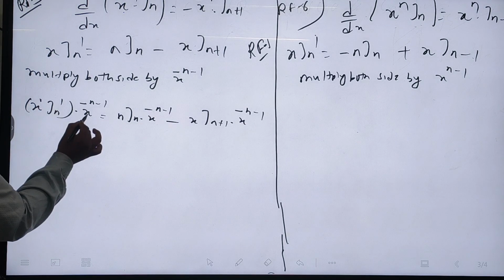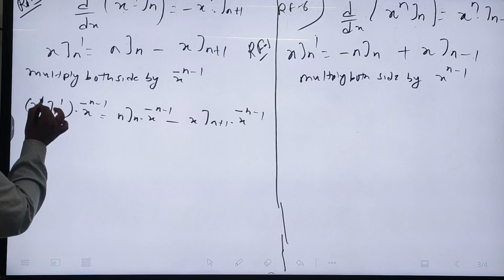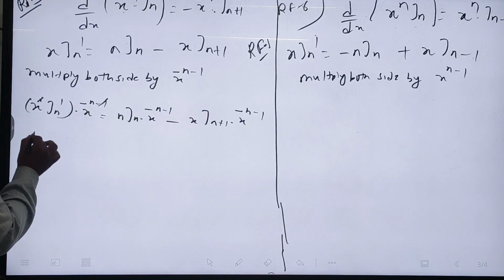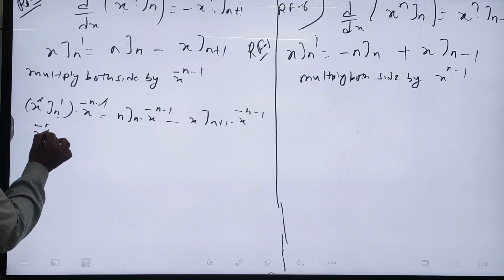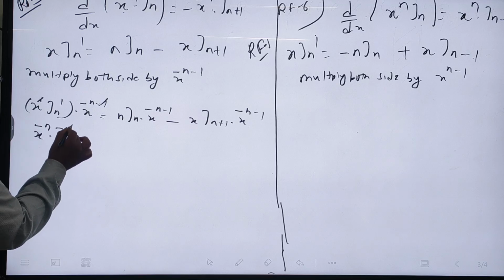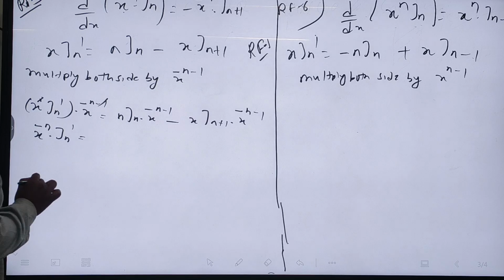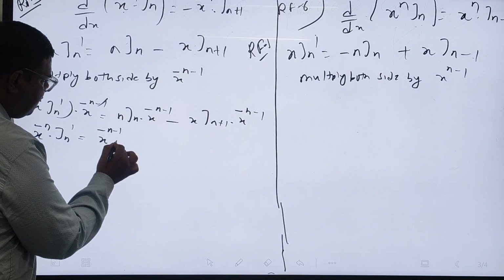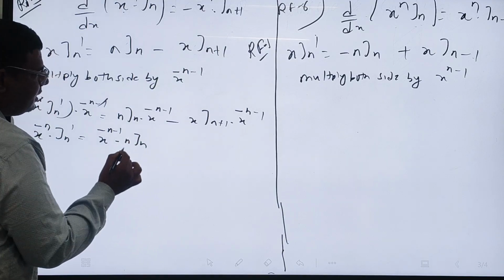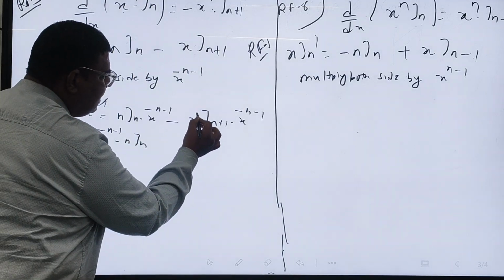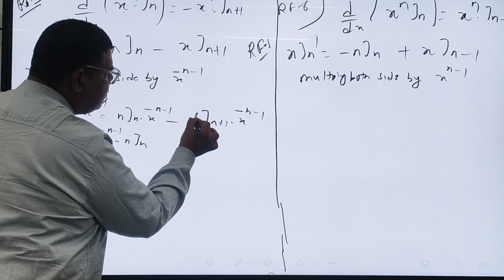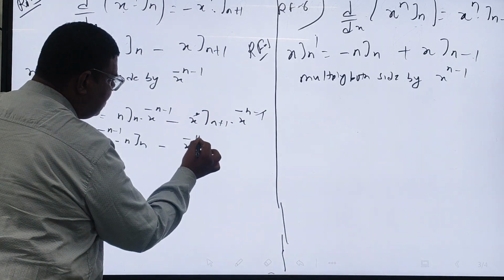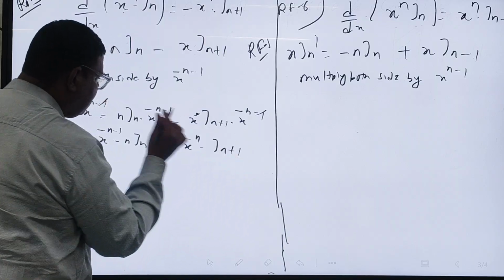Here x^1 and x^(-n-1), so 1 and -1 will cancel. I will get x^(-n) Jn' equals x^(-n-1) nJn, and again x^1 with x^(-n-1), so 1 and -1 cancel, I will get x^(-n) Jn+1.